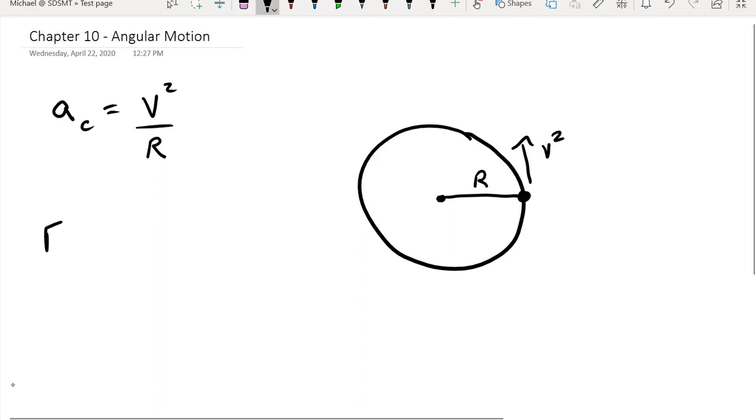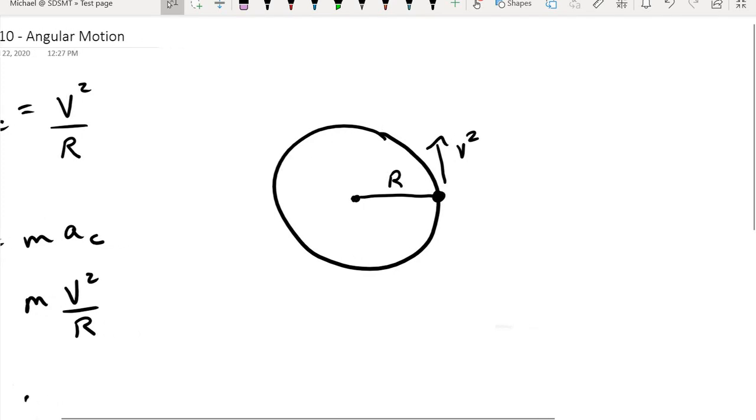And then if we apply mass to that expression, then we have an expression that tells us what the centripetal force acting on that mass is going to be. And that centripetal force was something that we had to identify in the system. It could be gravity, it could be tension, it could be a normal force, it could even be friction.